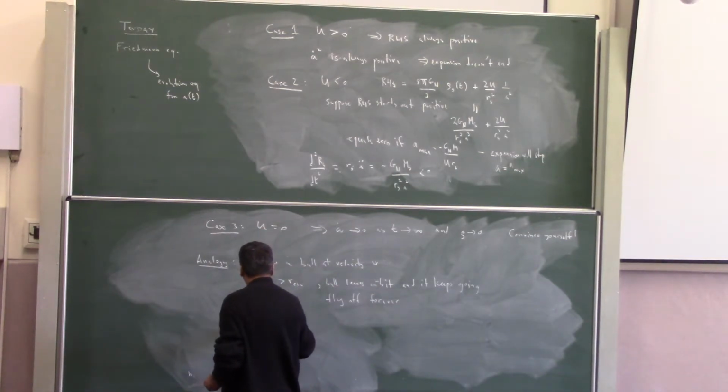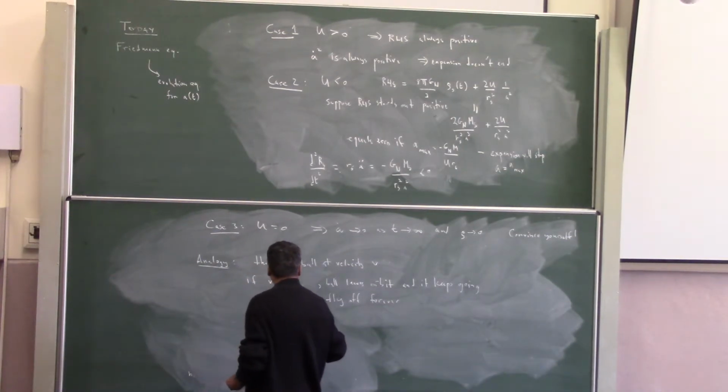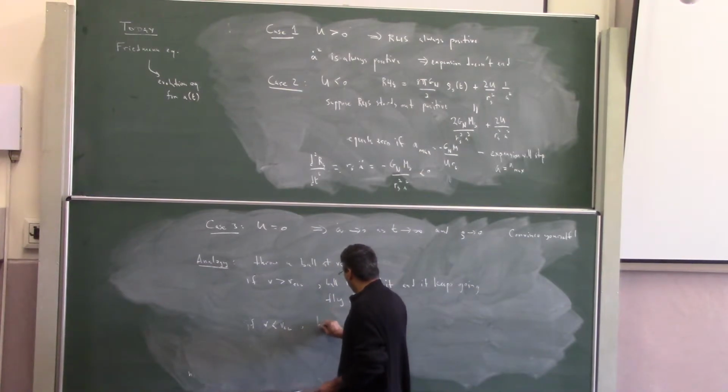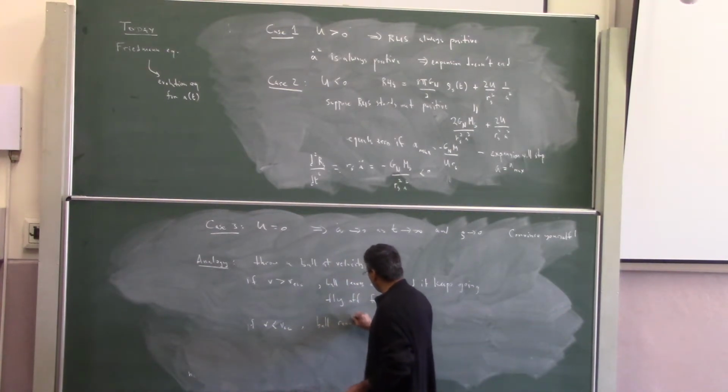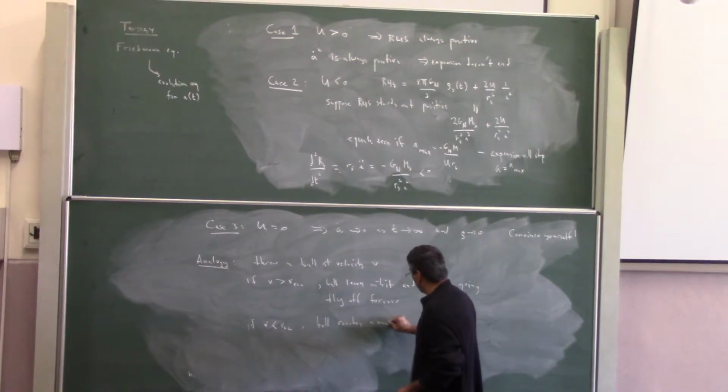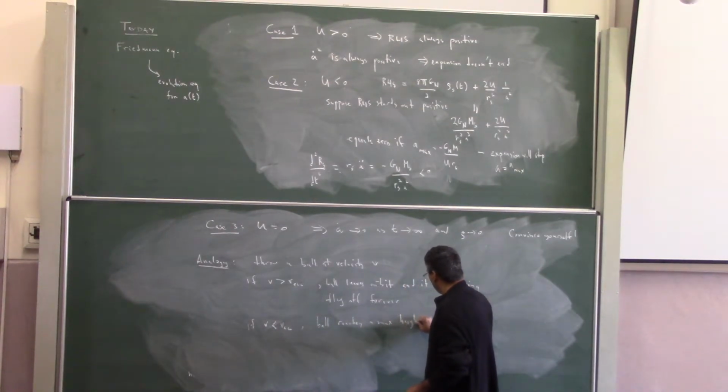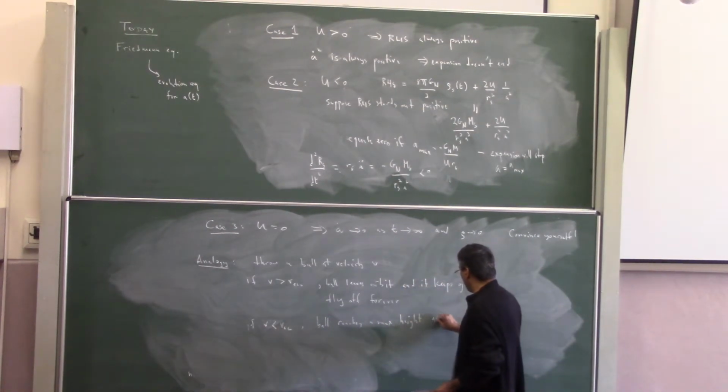If v is less than the escape velocity, then the ball reaches a maximum height, and then it comes back down.